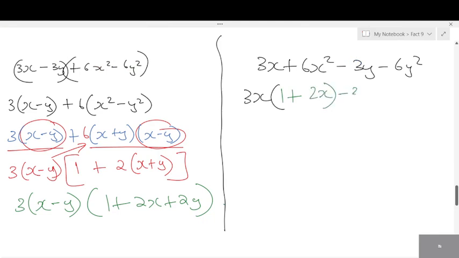And minus 3y is common, in the bracket, 1 plus 2y. Not 1 minus. Divide it. What are you answering, students? 1 plus 2y.